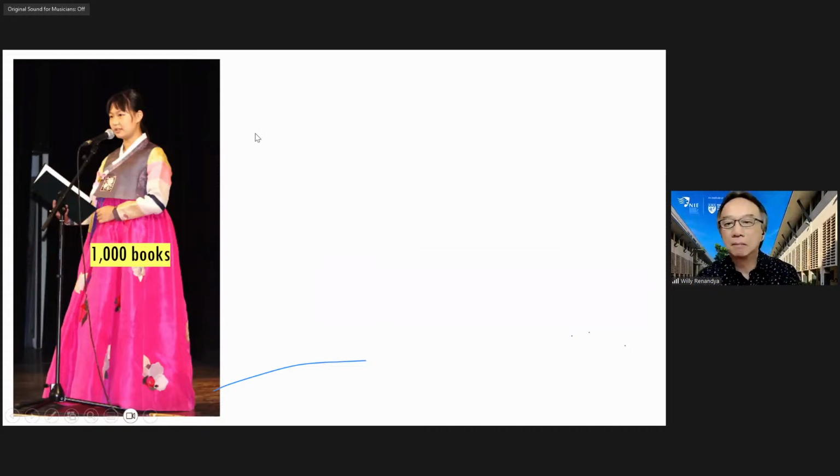Now, here are some examples of students and teachers from different parts of the world who have developed a very, very high level of English language proficiency, English language competence, because they have been exposed to, they have been able to see a lot of language through reading and through listening over a period of time. The first one here is, she was a teenager back then from Korea.